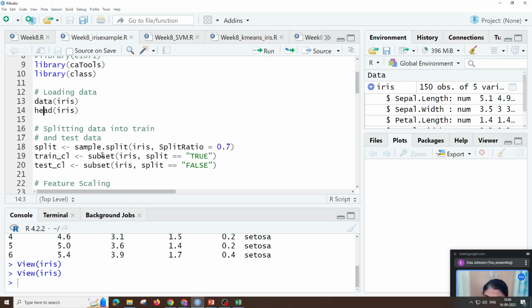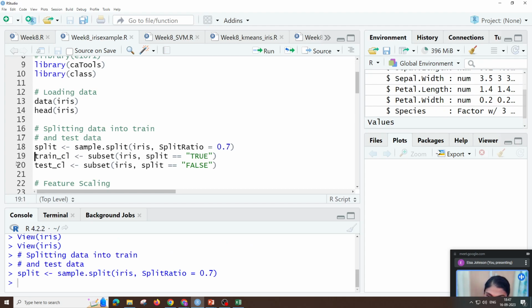So first we will be splitting the data into train and test. Split equals sample dot split. The data to be split is iris, with a split ratio of 70% training set and 30% test set, okay.